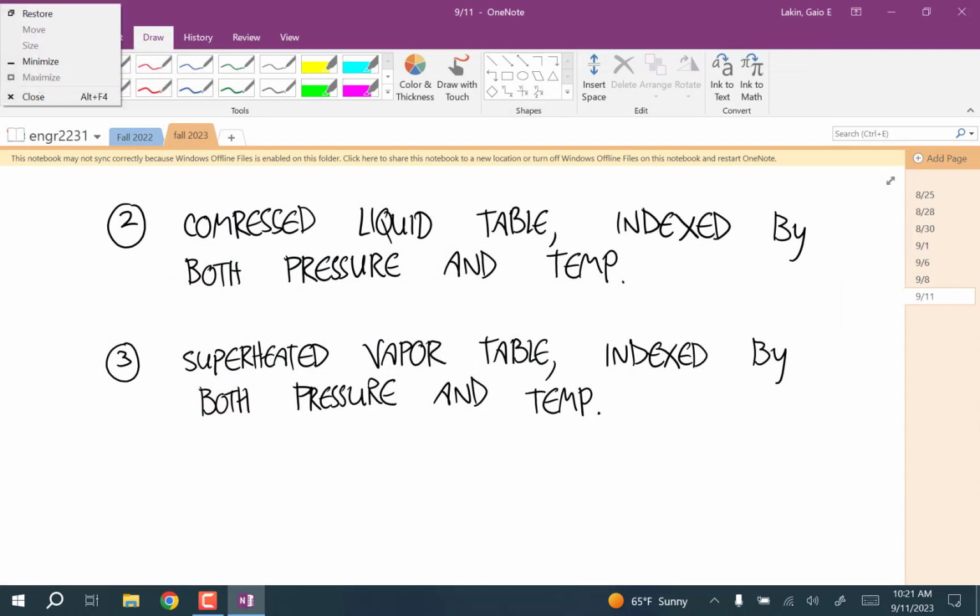Okay, so let's get into linear interpolation, because you really can't use these tables without being able to do some kind of interpolation.